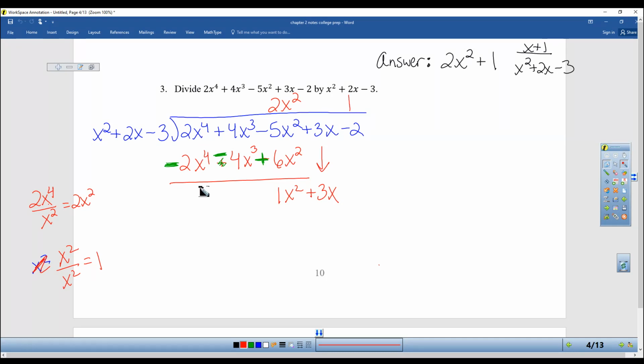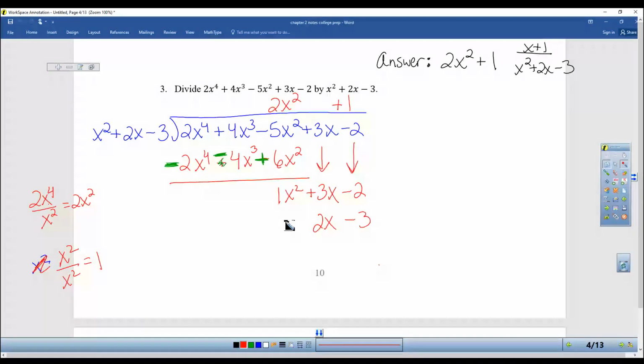So when 2 of these canceled, we ended up skipping a spot. Make sure you also skip a spot. Make sure you put a number in the number spot. Only x's go in this spot. But what that means is I'm going to have to bring down also the -2, because the 1 times the -3 needs a column. It needs this column. And then 1 times 2x is 2x.